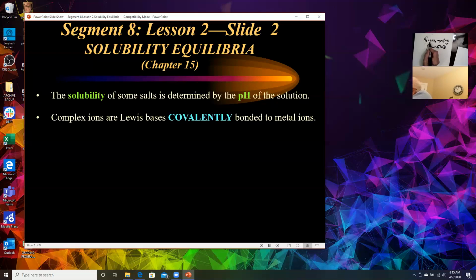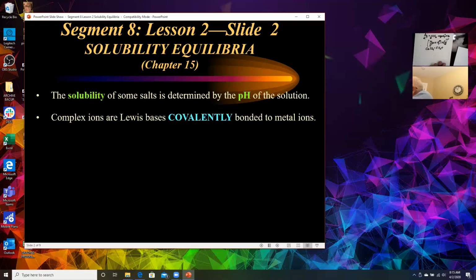And anything with a pair of electrons with any metal ion can do these kinds of things. You did copper sulfate pentahydrate. You've used that in the lab in the hydrate experiment from Gen Chem 1. These 5 water molecules are attached to the copper in a complex ion.